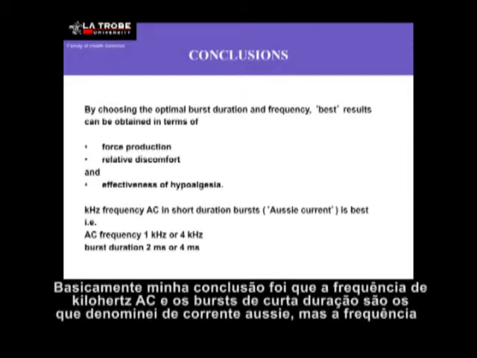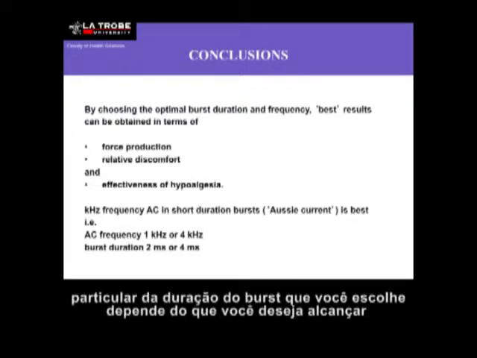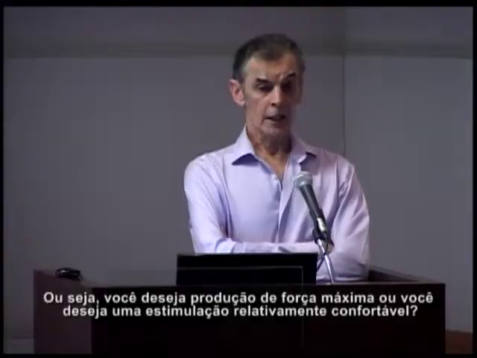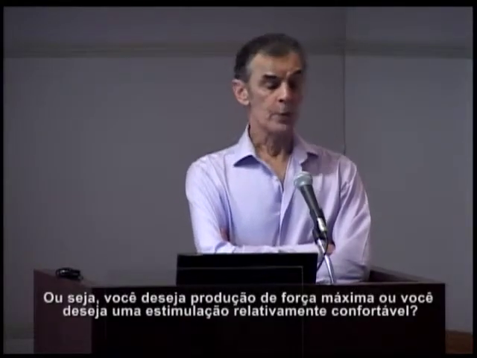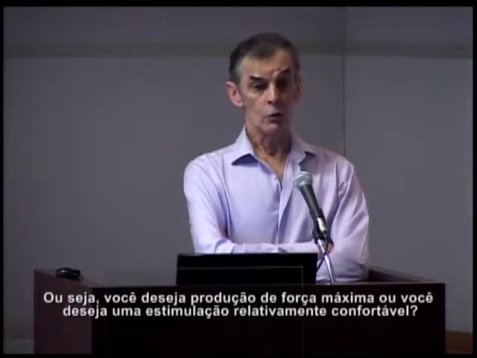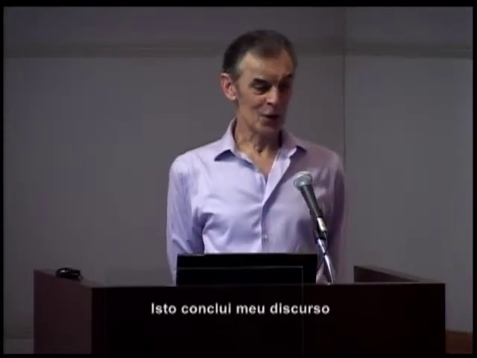But the particular frequency and burst duration that you choose depends upon what you're trying to achieve. That is, do you want maximum force production or do you want relatively comfortable stimulation? Which concludes my talk.